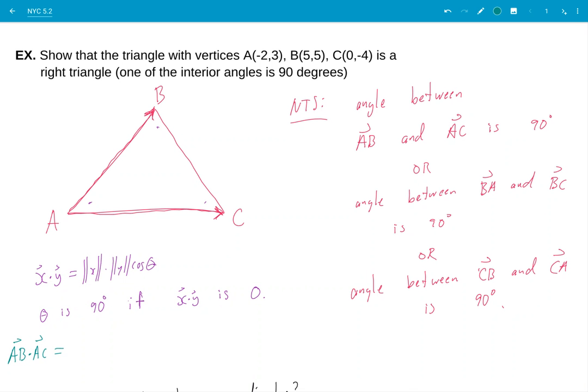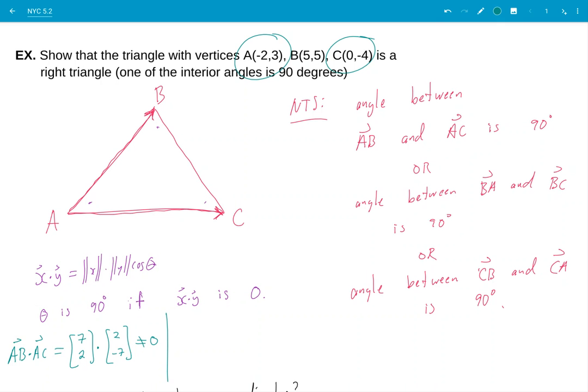To find AB, you take B and you subtract A. So B minus A is (7, 2). And to find AC, I do C minus A. So that's (2, negative 7). So just looking at that, I can see that's not 0.